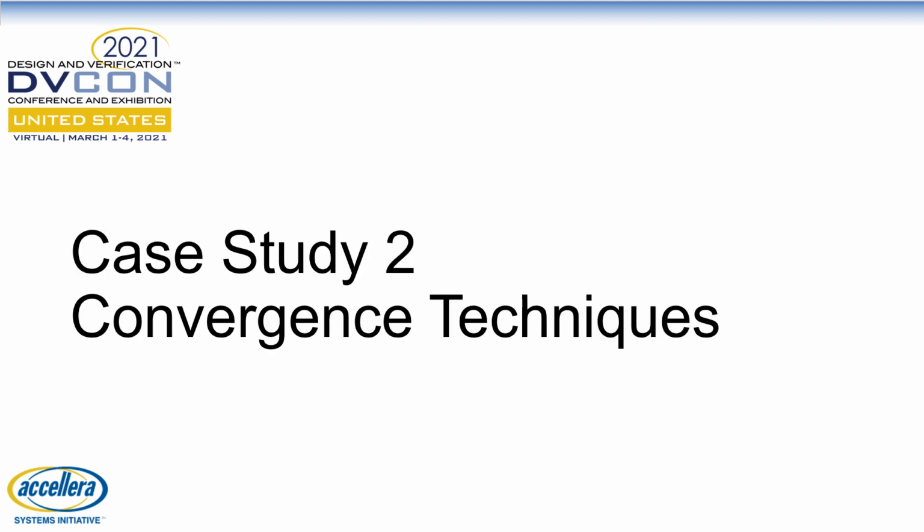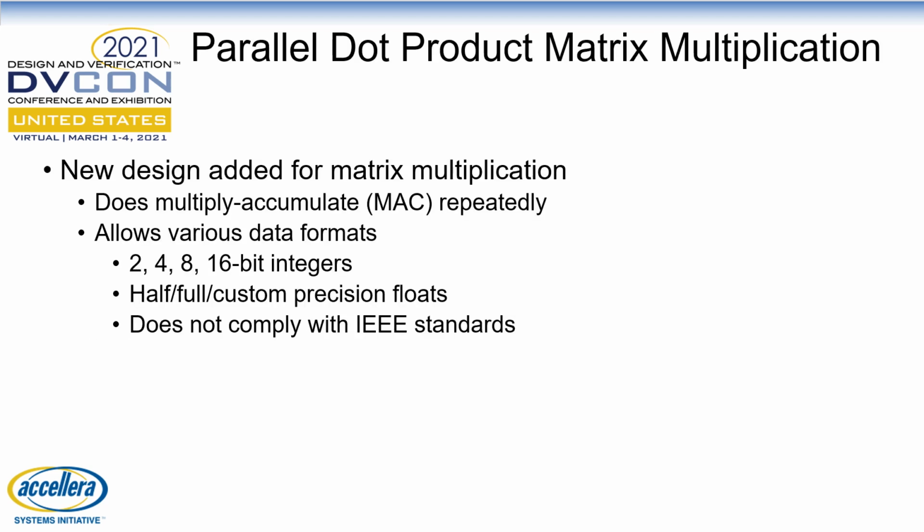The second case study is on how we converged on a big design, parallel dot product accumulate, which is used in matrix multiplication and is very essential for machine learning algorithms. It's a huge design which basically does multiply and accumulate repeatedly across multiple stages.